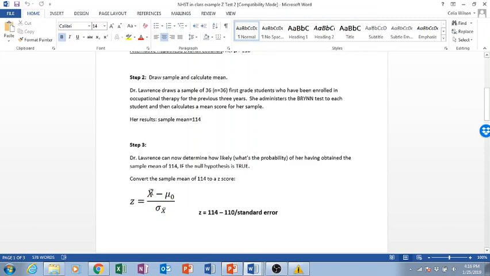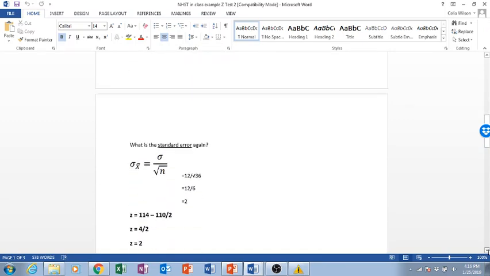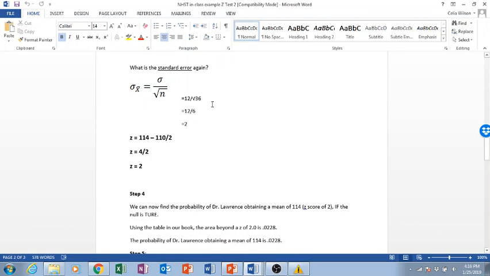So we're going to take our sample mean, subtract the hypothesized population mean, and divide by the standard error. And remember, the standard error is the standard deviation of that sampling distribution. All right, but I remind you here, what's the standard error again? The standard error is the population standard deviation, which is 12, divided by the square root of 36.